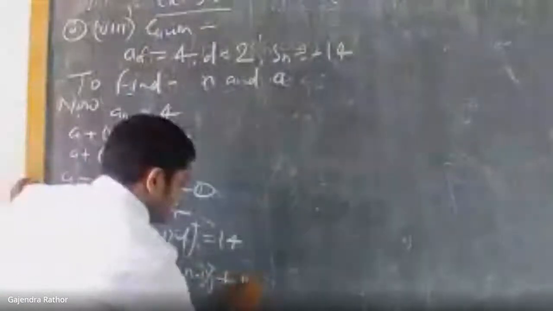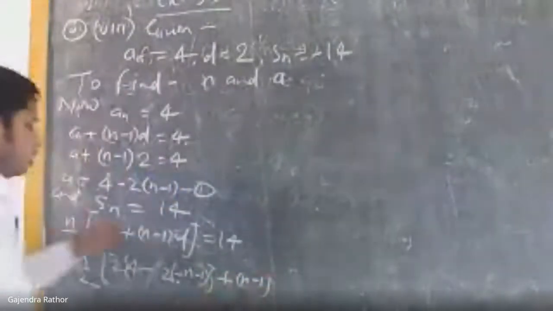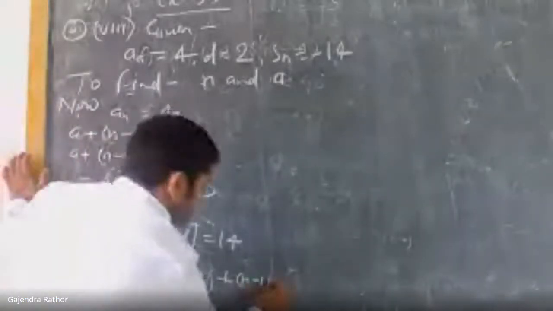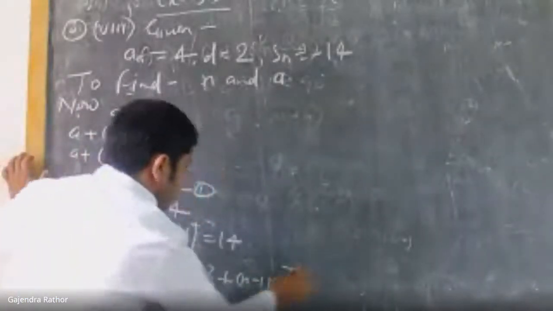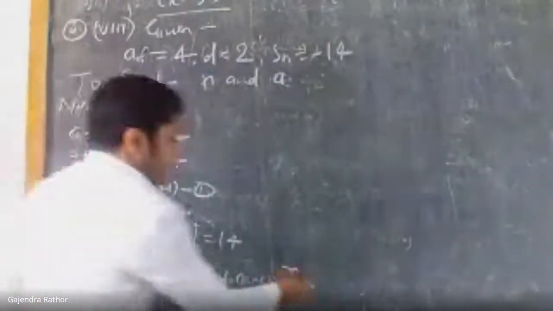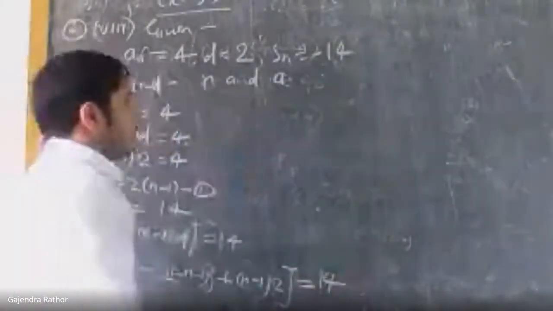Next, plus (n minus 1) into d, where d is 2, given. So n by 2 [2(4 minus 2(n minus 1)) plus (n minus 1) 2] is equal to minus 40.